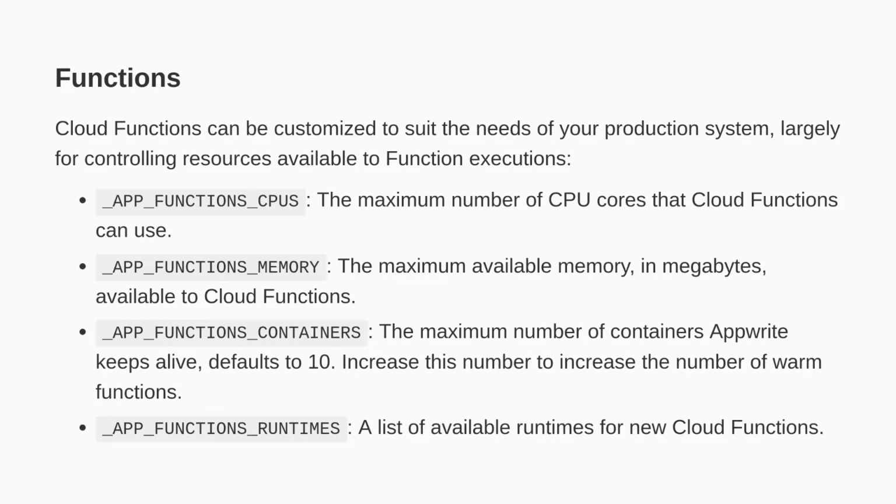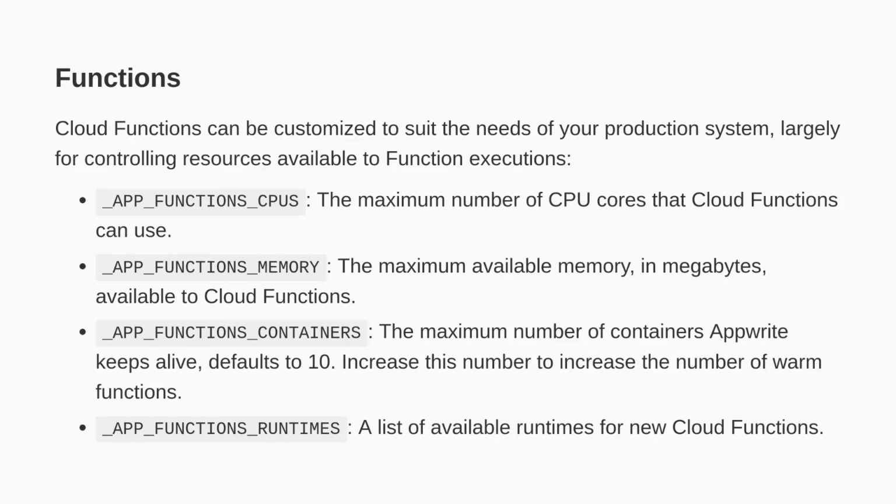First, _APP_FUNCTIONS_CPUS: set this environment variable to set the maximum number of CPU cores that cloud functions can use. _APP_FUNCTIONS_MEMORY: set the maximum available memory in megabytes for the cloud functions to execute. _APP_FUNCTIONS_CONTAINERS: this is the maximum number of containers Appwrite keeps alive, which defaults to 10. You can increase this number to increase the number of warm functions.